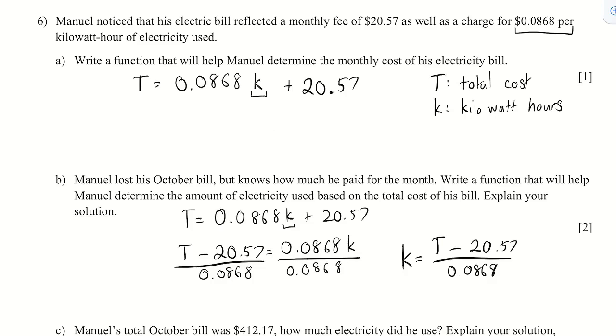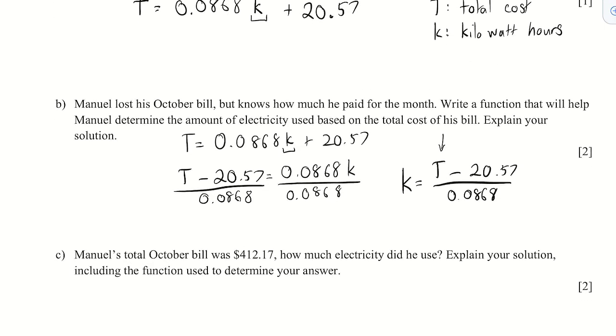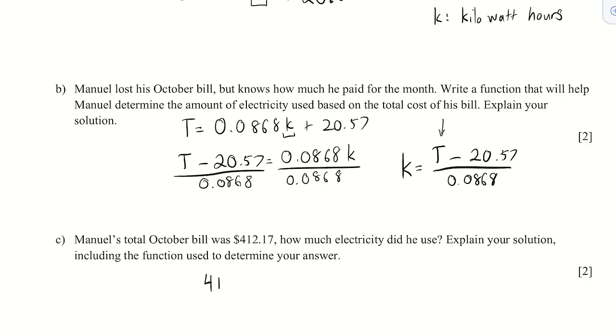So explain your solution. As soon as he places in the total, we can evaluate it from there and we can get that kilowatt hours. So it says Manuel's total October bill was $412.17. How much electricity did he use? So we're just going to take the 412.17 minus 20.57 and then put it all over 0.0868.